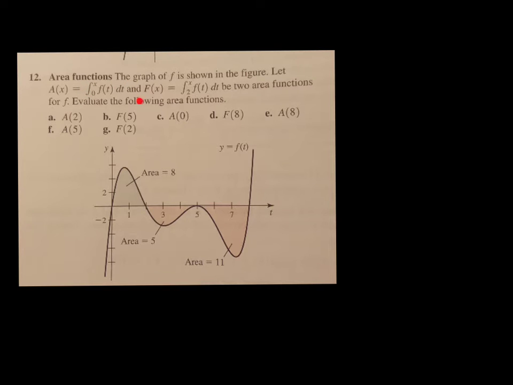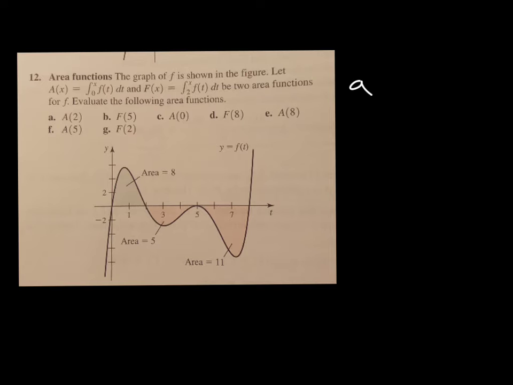And then we're going to have another area function we're going to call big F of x, where the left endpoint is 2 instead of 0. And so both of these are going to be area functions, and they're both going to be area functions about the same function. We just have 2 different starting spots. Evaluate the following area functions. Okay, so we're just going to do each of these, and then hopefully this will make sense.